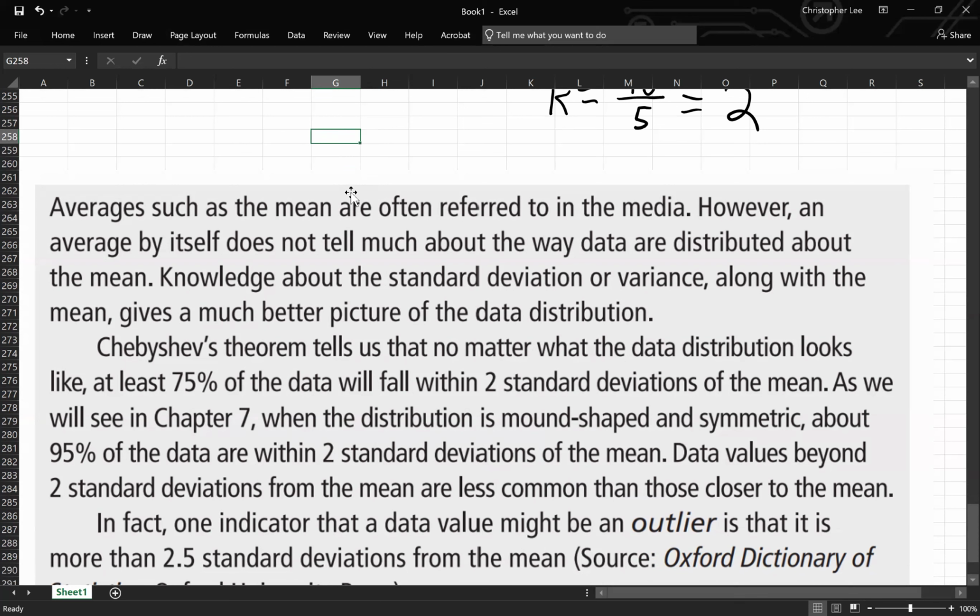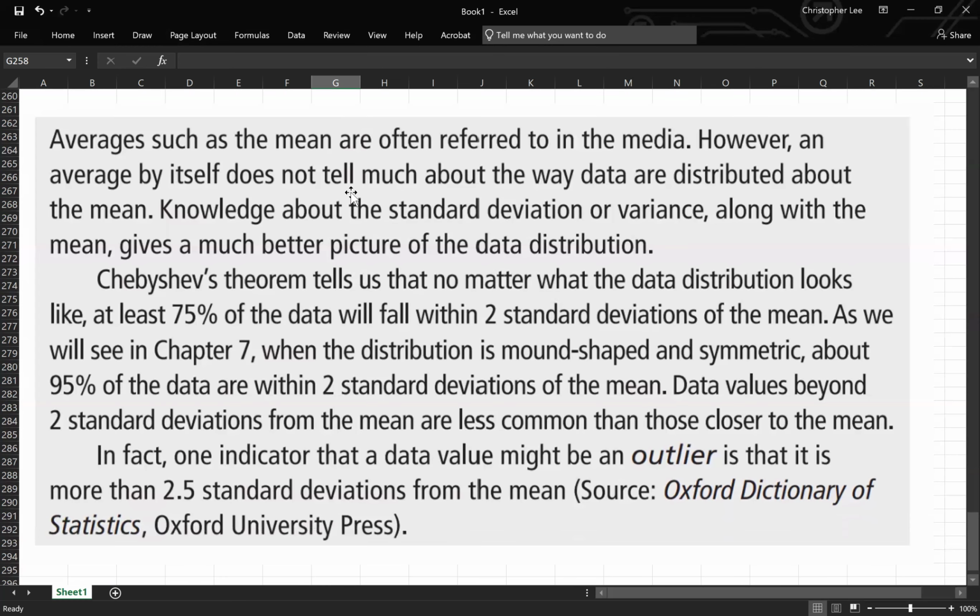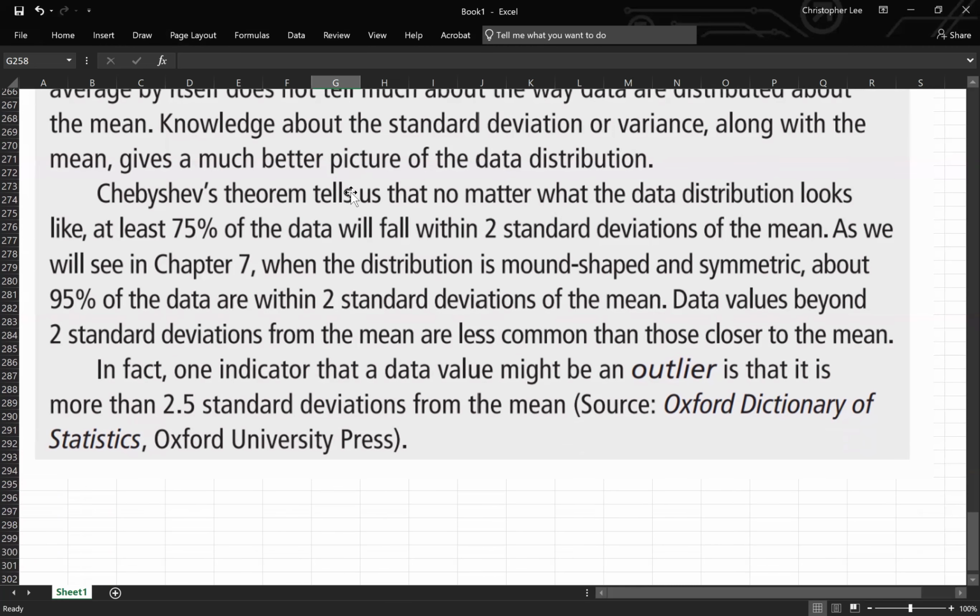As we will see later on, when the distribution is mound shaped and symmetric, about 95% of the data are within two standard deviations of the mean. Data values beyond the two standard deviations from the mean are less common than those closest to the mean. In fact, one indicator that a data value might be an outlier is that it is more than 2.5 standard deviations from the mean. That's getting into something else deeper, but we good.